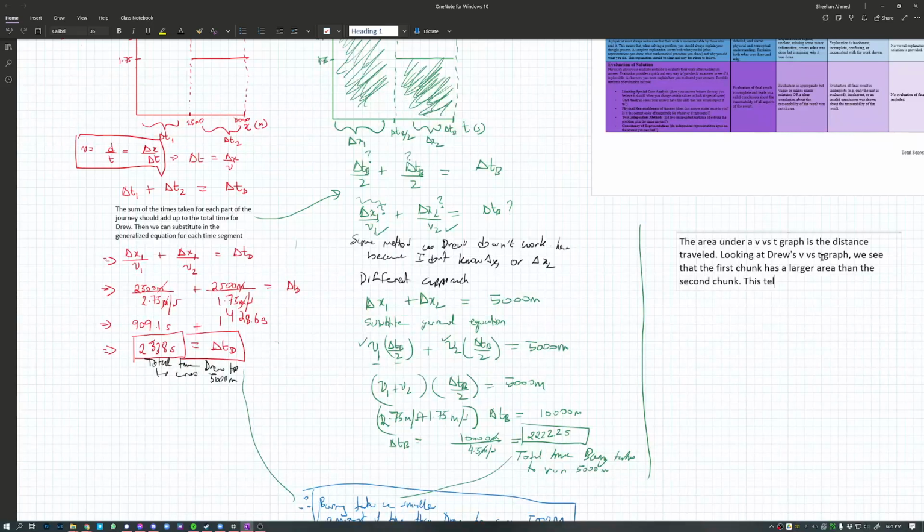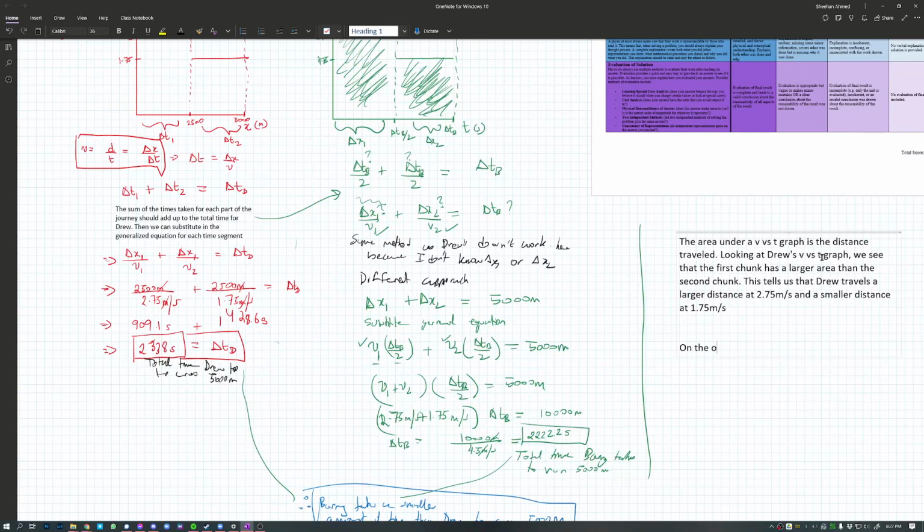This tells us that Drew travels a larger distance at the faster speed of 2.75 meters per second, and a smaller distance at 1.75 meters per second.